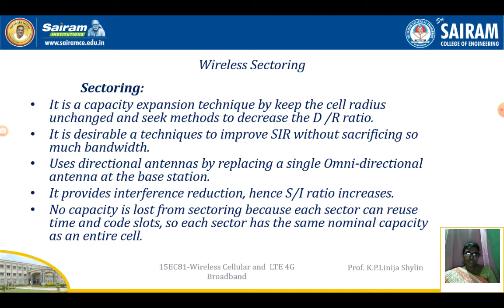In order to decrease the level of co-channel interference and increase the system performance, we go for the sectoring technique. It is also one way to increase the subscriber capacity of a cellular network.